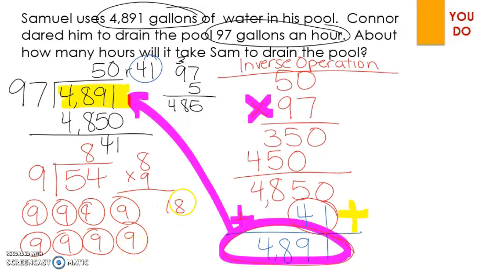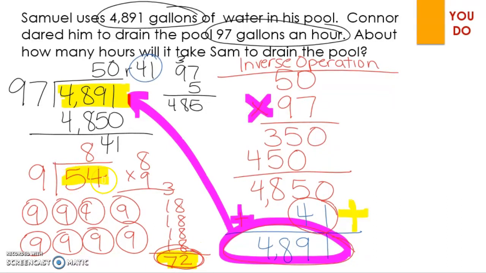So I have 18 4 times, and then I added them all up. 8 plus 8 plus 8 plus 8, 16, plus 16 is 32. And I put the 3 here. That's 72. Uh-oh. I can't be right, because when I multiply, I get 72, and I'm supposed to get 54.